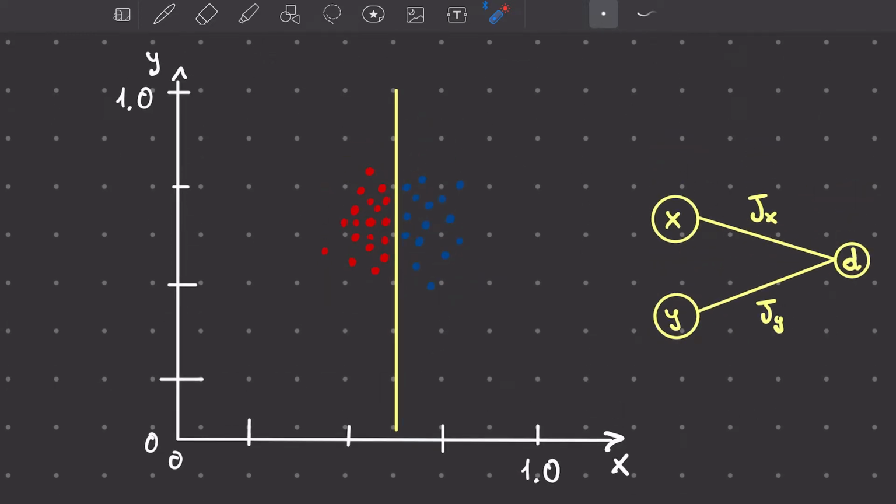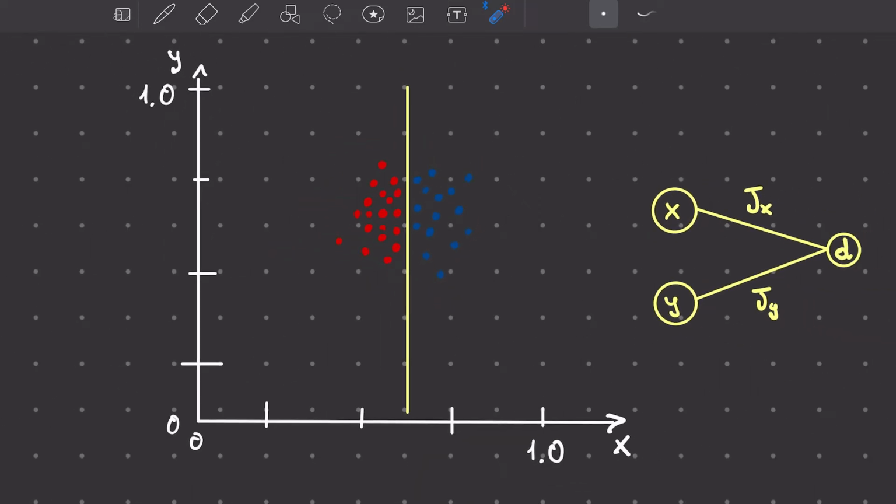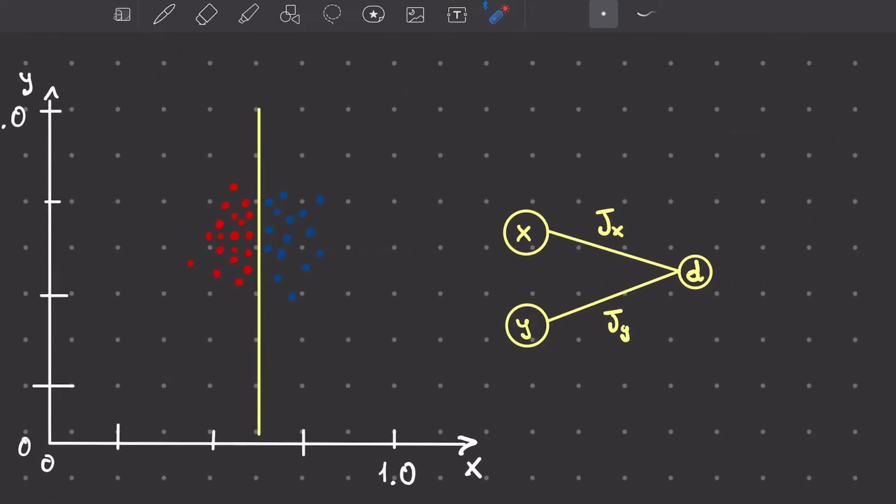From what you can see in this diagram, this straight yellow line is located at x equals 0.5. If a point's x coordinate is greater than 0.5, it's classified as blue, and if it's less than 0.5, it's classified as red. That's pretty much the decision boundary, right? So, as I was saying, it's a very simple problem.